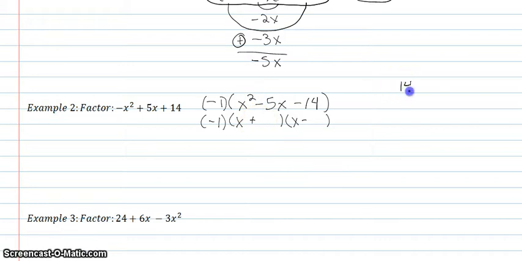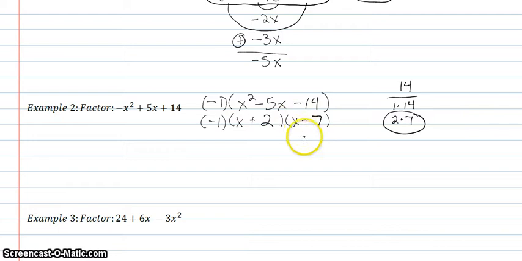So if I list out my factors of 14, 1 times 14, 2 times 7, we've already got the factors that would multiply to 14 and then have a difference of 5. And because the 5 is negative, that means my bigger number needs to be negative. So the 7 is going to be negative and the 2 is going to be positive.